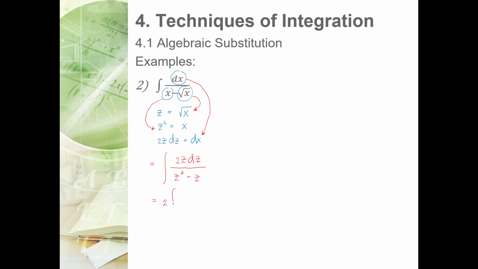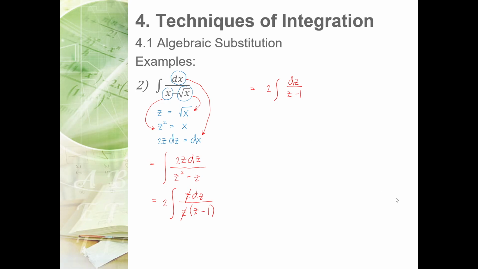This would give us 2z dz all over z times z minus 1. We can cancel out 1z here, and this would give us 2 integral of dz all over z minus 1. Again, notice that you have dz over z minus 1.